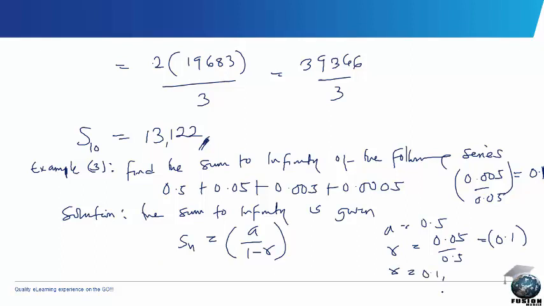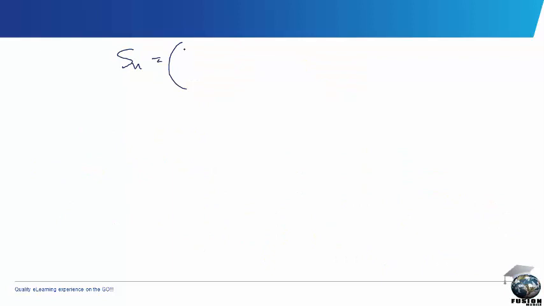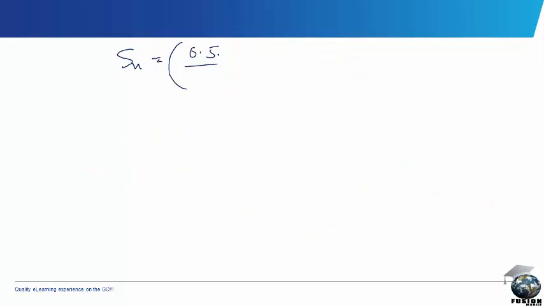The first term is equal to 0.5, and so the sum to infinity is equal to a over 1 minus r, where a is the first term, 0.5, and r is 0.1, so we have 1 minus 0.1.